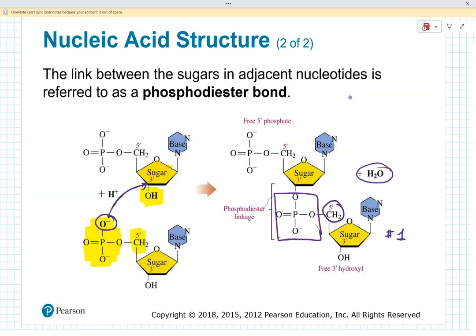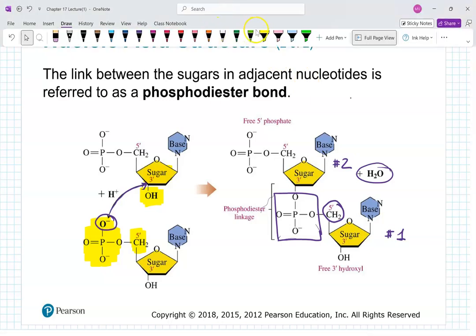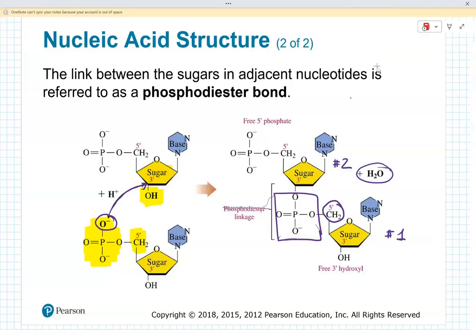Is it connected to 5' of the sugar 1? Is it connected to the 3' of sugar 2? So it is a universal rule that a phosphate connects 3' carbon of one sugar and 5' carbon of another. Okay? Is it clear? This is called, interestingly enough, correctly called, phosphodiester linkage.